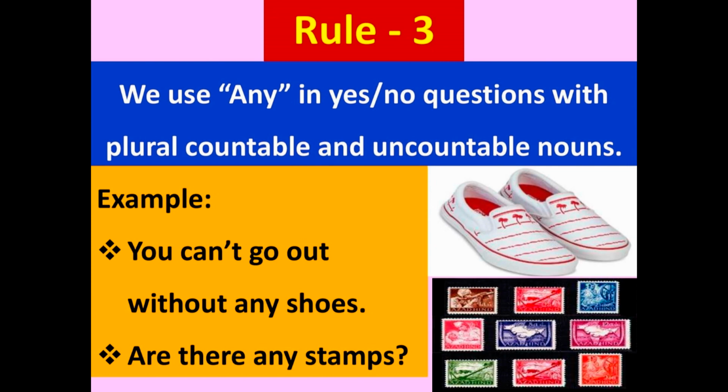Rule number 3. We use any in yes or no questions and negatives with plural countable and uncountable nouns. Example: you can't go out without any shoes. Are there any stamps?